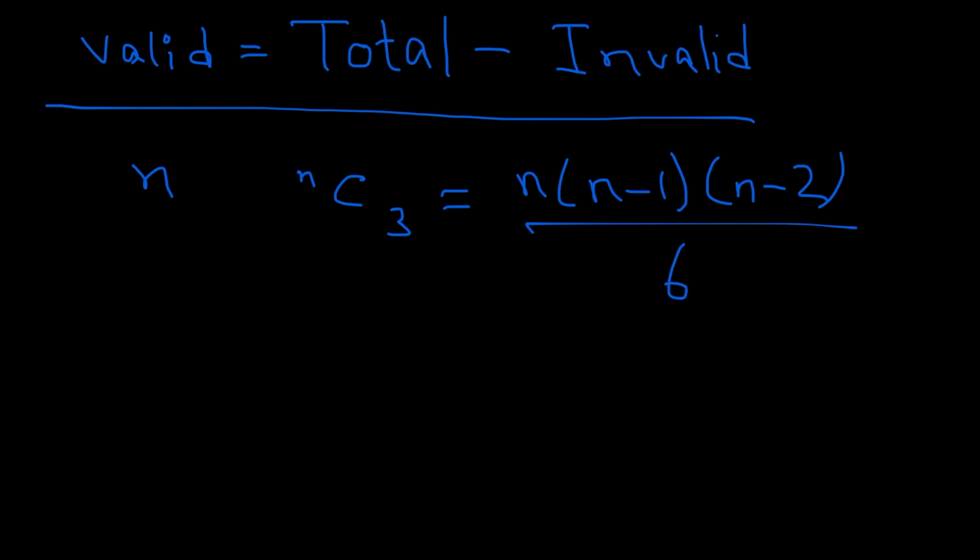That will give me the total. So in case there are five problems in total, then the total count will be 5 times 4 times 3 divided by 6, which is 10.